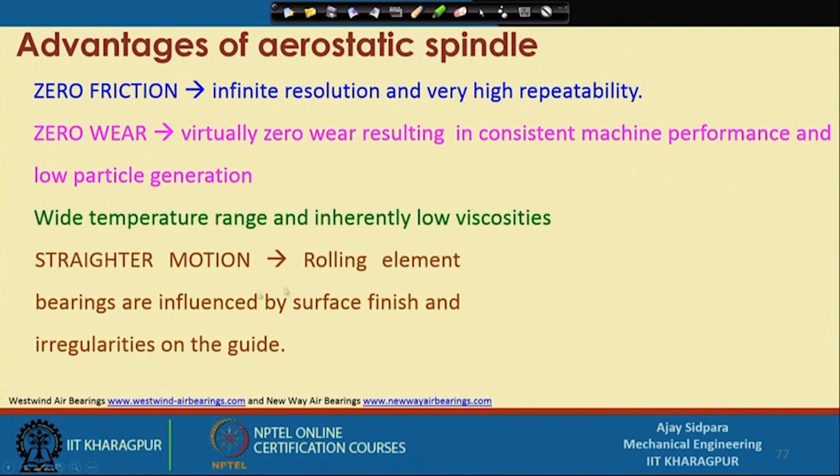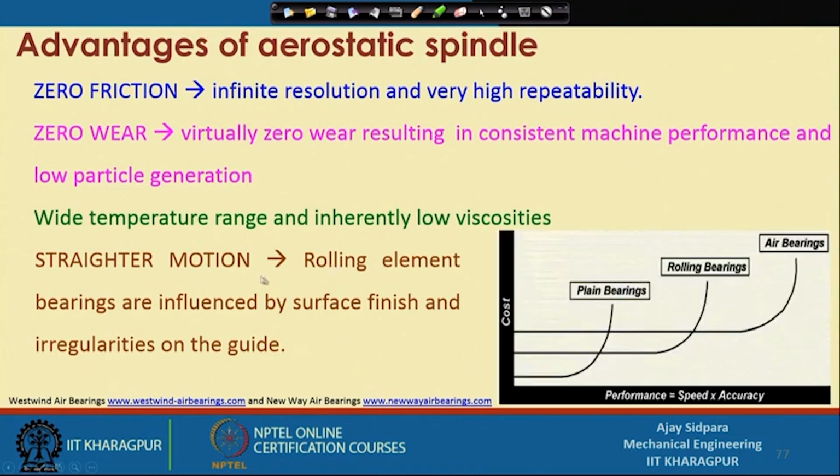Straighter motion: rolling element bearings are influenced by the surface finish and irregularities on the guides, because if the surface is very rough, the rolling element is in physical contact. Consider this is the ball and these are the two surfaces between which it is moving. This is the outer race, this is the inner race, and it moves in between. You need a certain amount of roughness, otherwise it will start sliding instead of rotating.